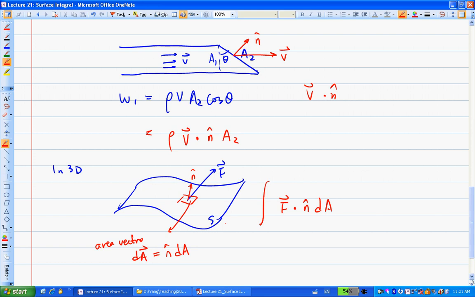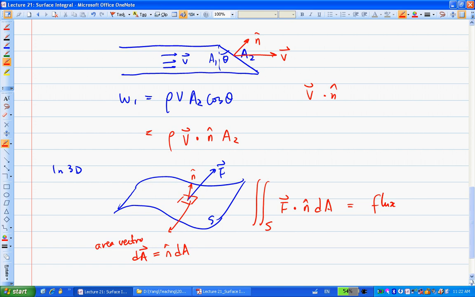This S is not a solid you're integrating; it is a very thin surface. So the integral here is actually going to be a double integral, integrating over this surface S. That's the total flux over this surface.